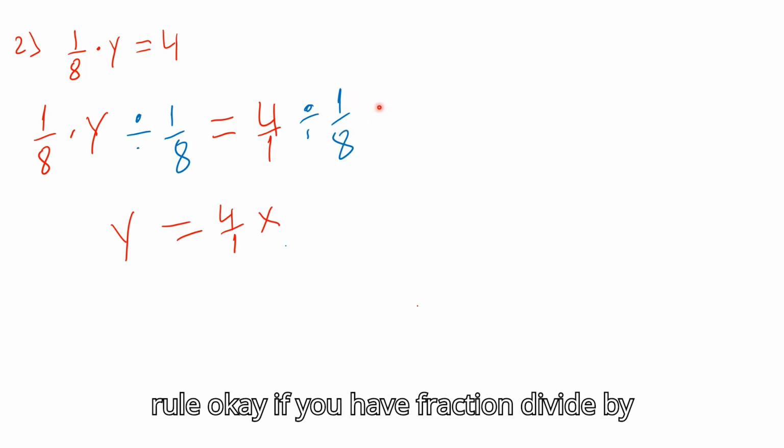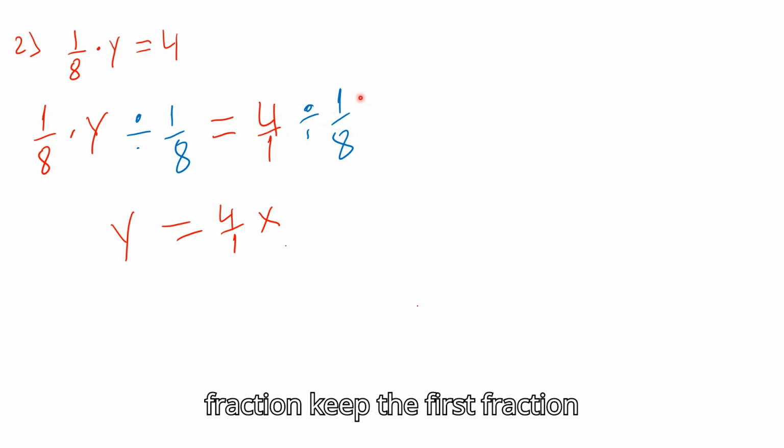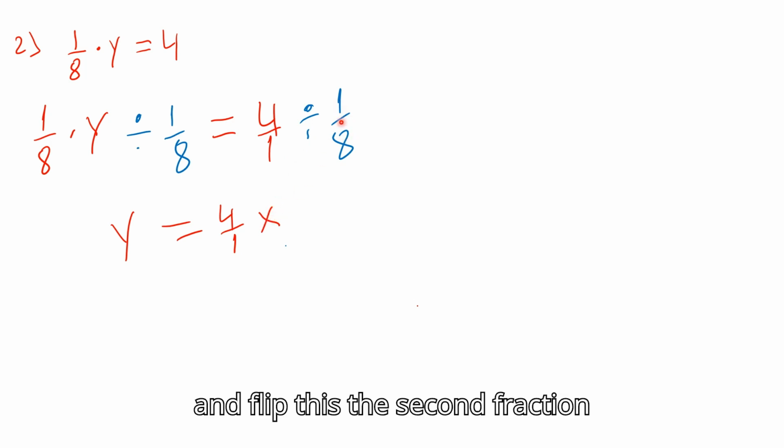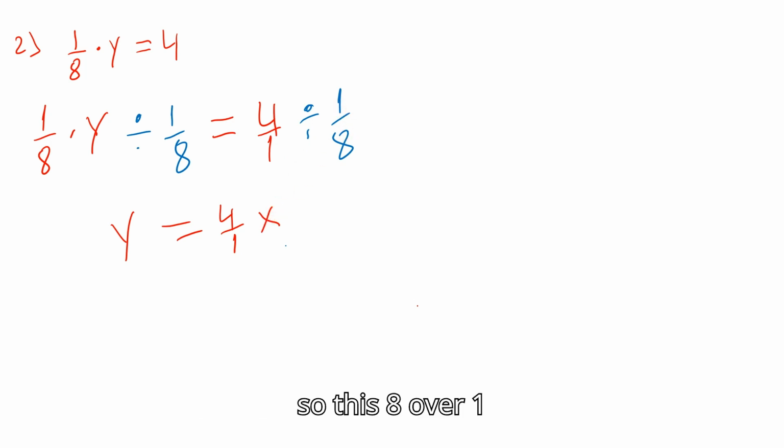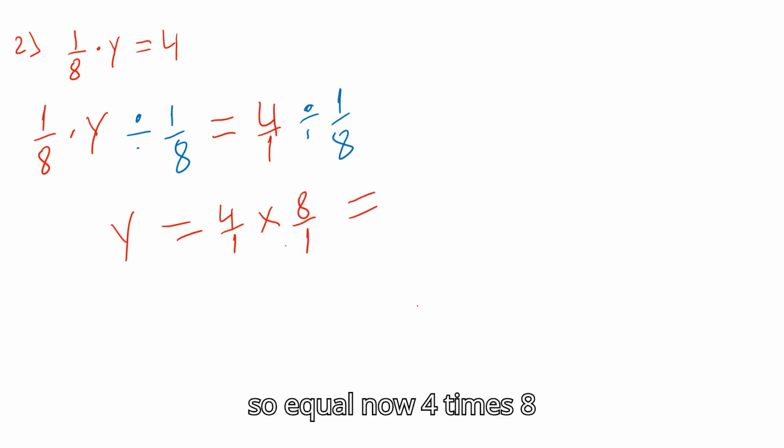This is the rule: if you have fraction divide by fraction, keep the first fraction, divide becomes multiply, and flip the second fraction. So this 8 over 1. So equal, now 4 times 8, 32. So 32, 1 times 1, 1. So 32 over 1, so equal 32.